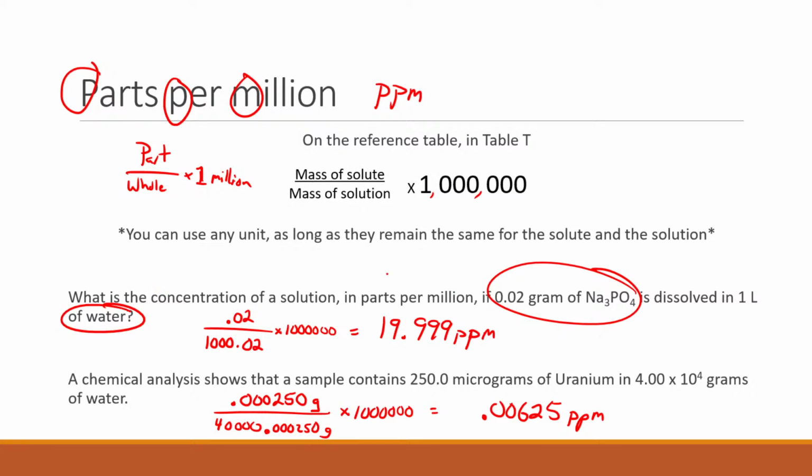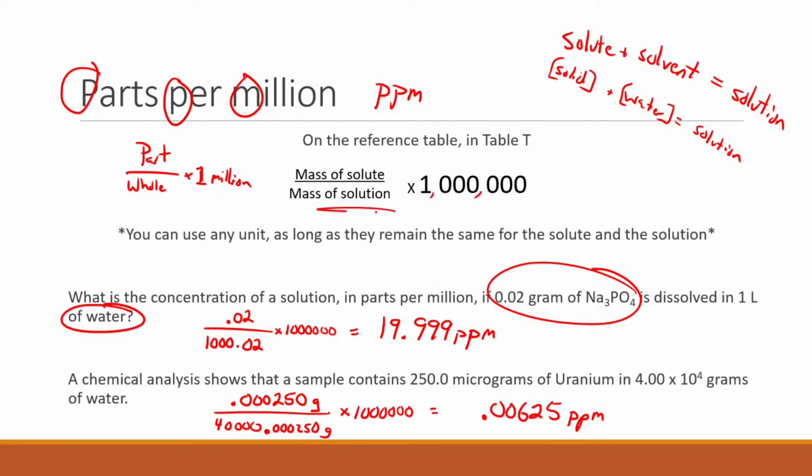The two of these together make the solution. So saying the water itself isn't actually doing solute over solution, it's solute over solvent, which isn't what it says to do.